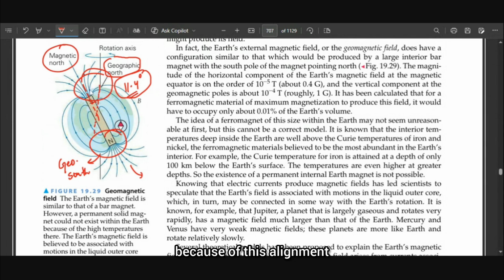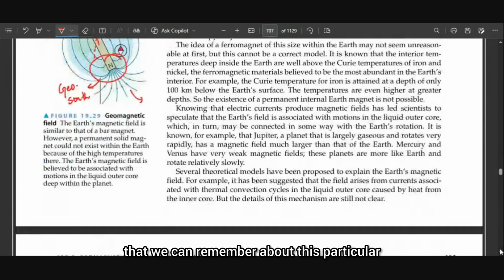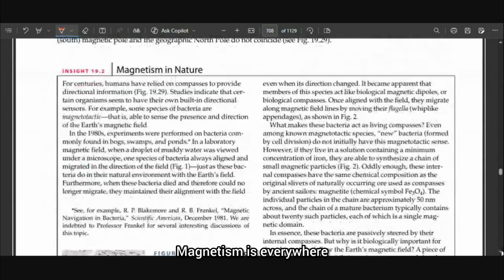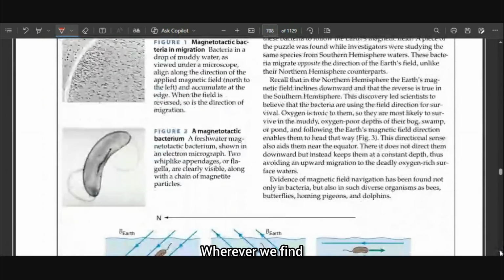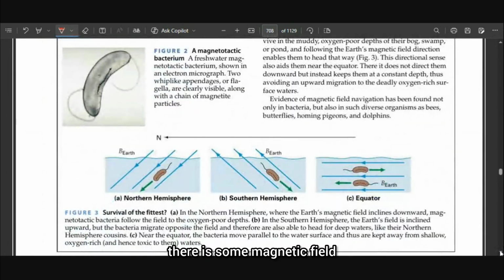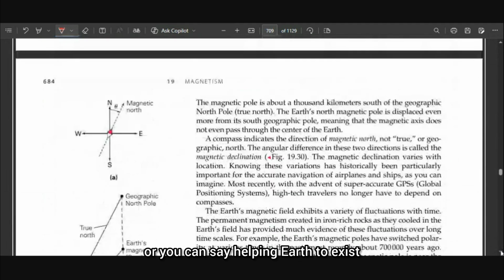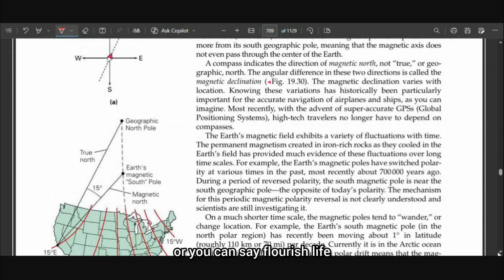And that is only because of this shifting of magnetic north and geographical north. So that is one thing that we can remember about this particular part of this chapter. Magnetism is everywhere, wherever we find some magnetic field which is helping Earth to exist and life to flourish.